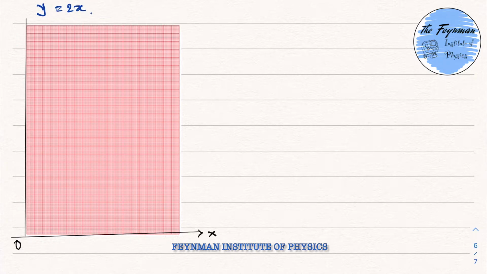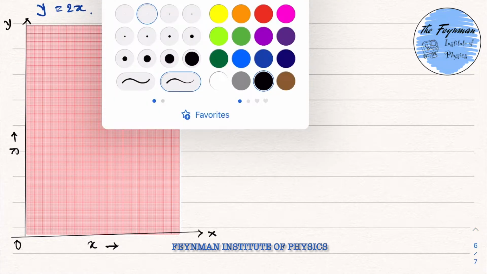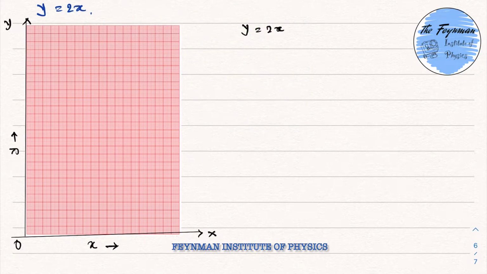So this axis is ox and this axis is oy. Suppose we want to represent variable x along the ox axis and y along oy axis. Then we have an equation y is equal to 2x. Then at first we need to determine the different values of y for different values of x actually.